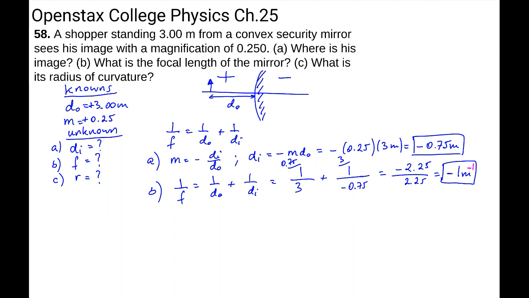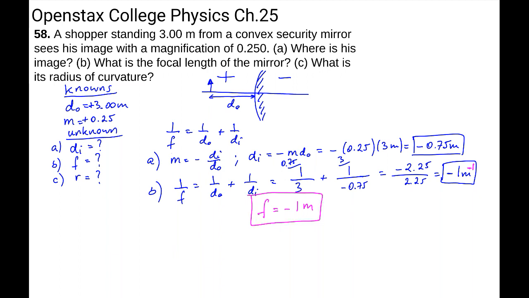So it turns out that actually the focal length is also negative 1 meter because 1 over 1 is just 1. So make sure that you pay attention to 1 over f. You would have to flip that to get the correct value.